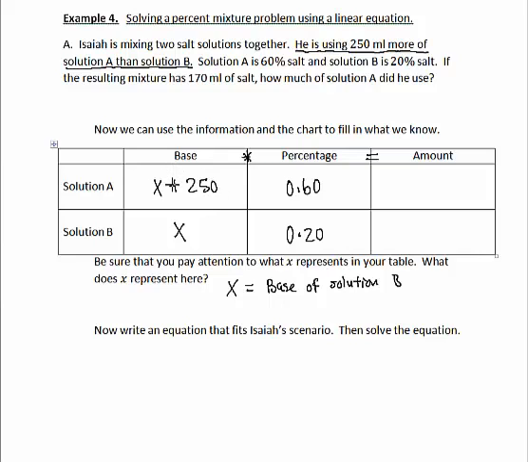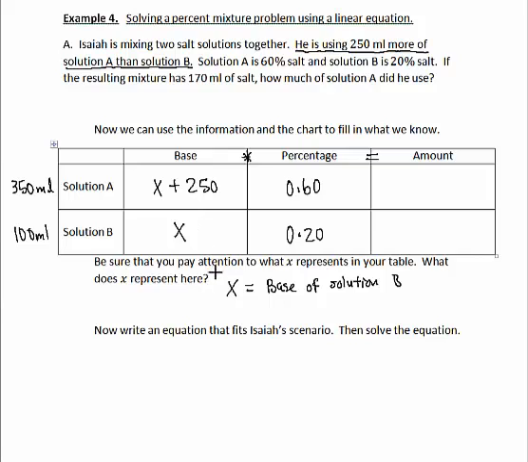Okay, and if you want to use numbers to think about it instead of variables, which is sometimes helpful, if we have 100 milliliters of solution B, then solution A would be 250 more, 350, which makes sense. We have more solution A than B, which is what this sentence obviously says. So we definitely need to add the 250 to whatever expression we have here for B.